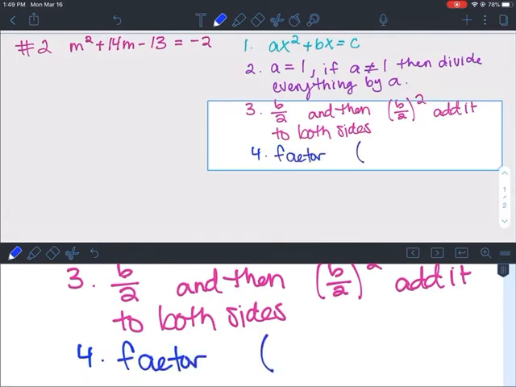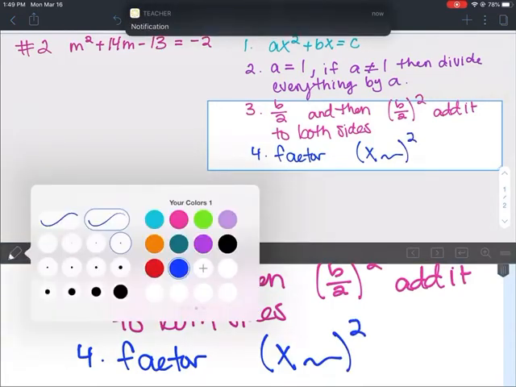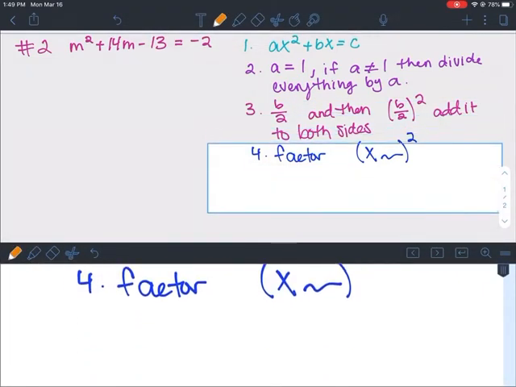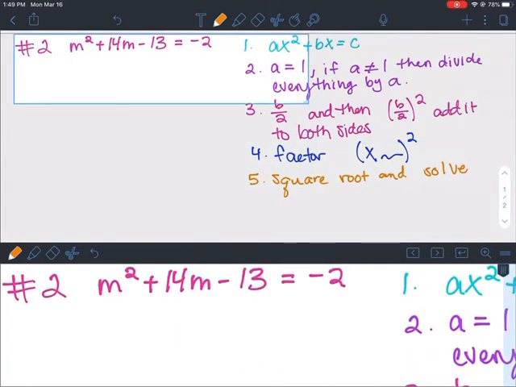Fourth step is, of course, to factor that perfect square trinomial into an x with something squared. And then we just have to square root and solve. So we square root and solve.